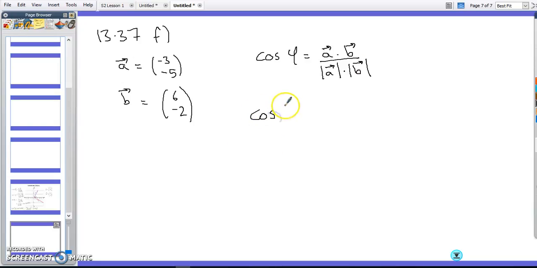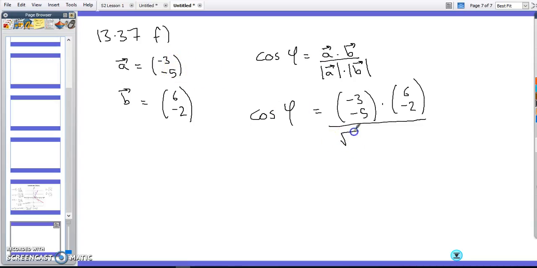So, in this case, the cosine of the angle would be -3 times 6, plus -5 times -2, divided by the absolute value of A, which again would be the square root of 34, times the absolute value of B, 6 squared plus -2 squared gives me the square root of 40.